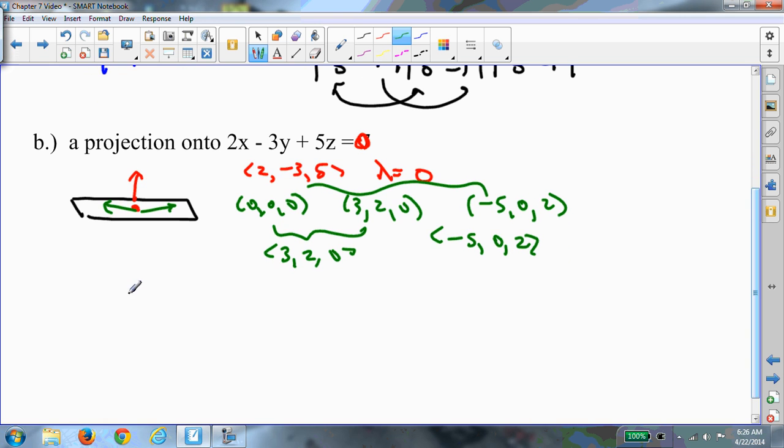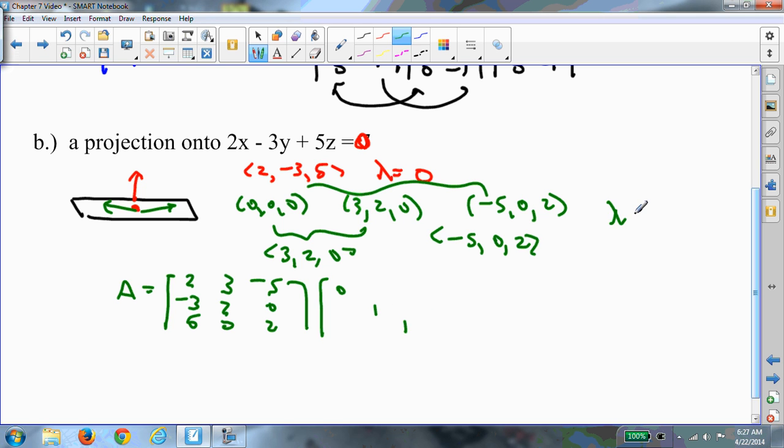So I could write A equals PDP inverse, with P being 2, negative 3, 5, 3, 2, 0, negative 5, 0, 2. The corresponding eigenvalues would be 0, 1, 1. These have an eigenvalue of 1. And then P inverse.